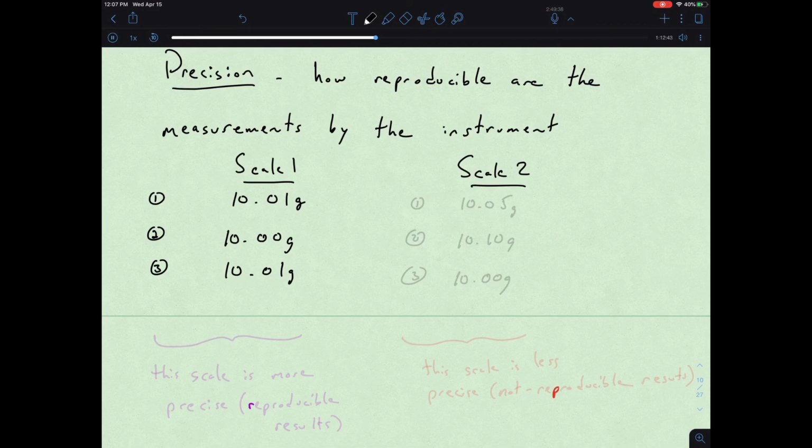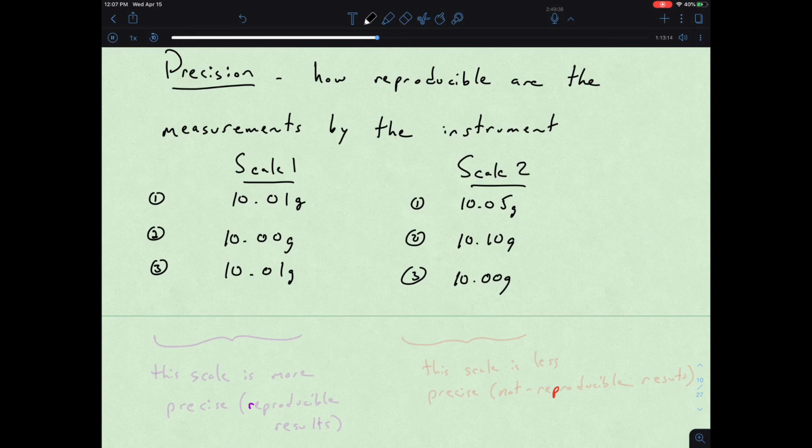First scale, we get 10.01, 10.00, and 10.01 grams for those 3 distinct measurements of the same material. And for the second scale, we get 10.05 grams, 10.10 grams, and 10.00 grams.